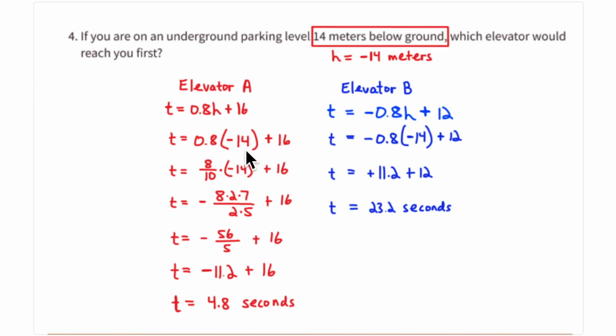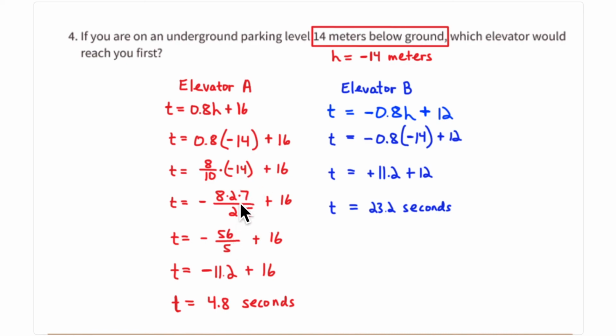So the height is a negative 14 meters. So it's 8/10 times a negative 14 meters. And you have to add these. This is 16 seconds here. So now it's going to travel 8/10 of a second per meter times a negative 14 meters.